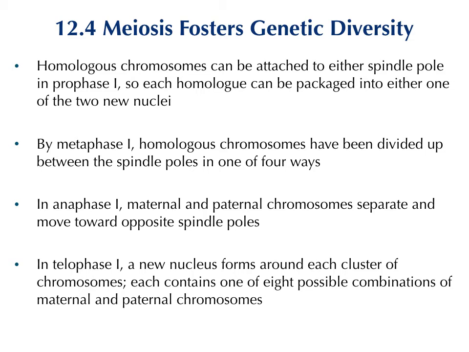In anaphase 1, maternal and paternal chromosomes separate and move toward opposite spindle poles. And in telophase 1, a new nucleus forms around each cluster of chromosomes. Each contains one of 8 possible combinations of maternal and paternal chromosomes. Let's look at this in a picture.